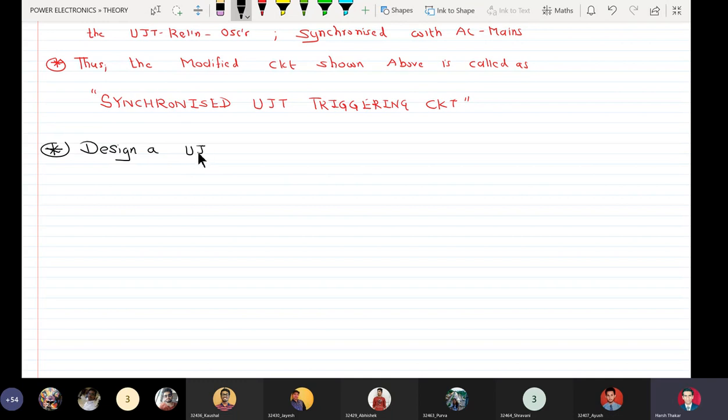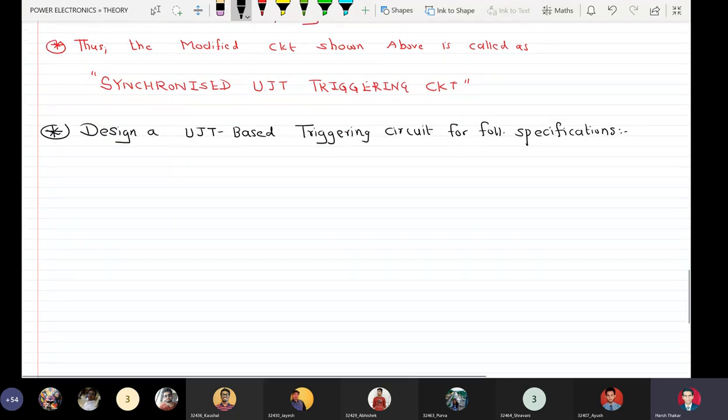Design a UJT based circuit for the following specifications.